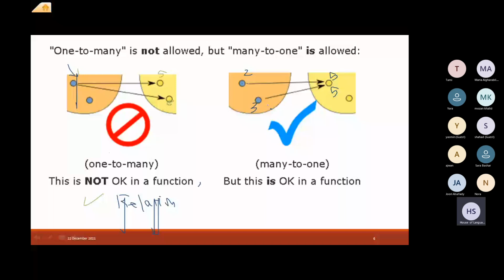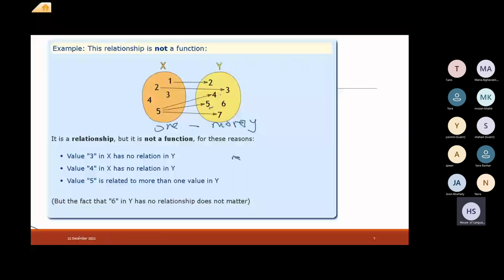But this one here, no, because this input has 2 outputs. Here, it's 1 input, and it has 3 outputs. It can't. I told you 1 to 1. It's not a function.